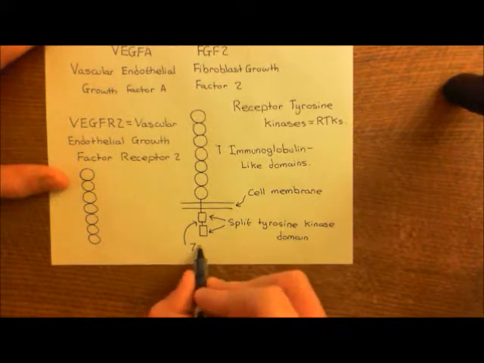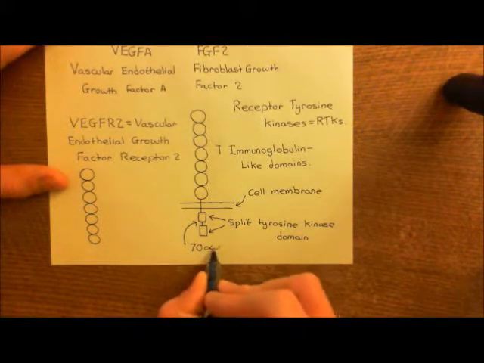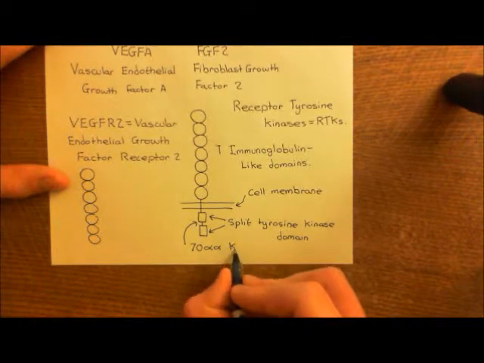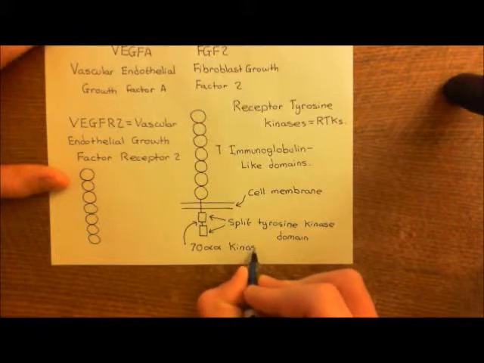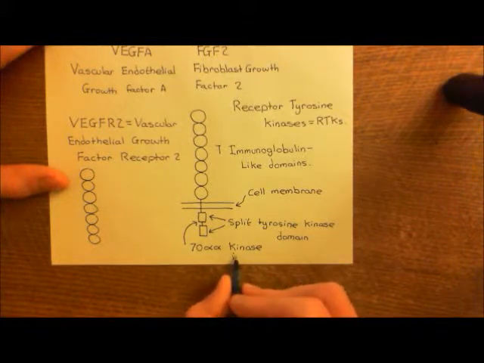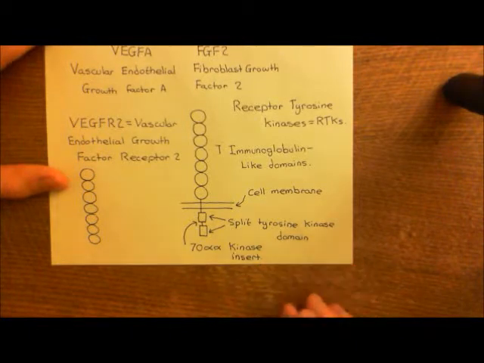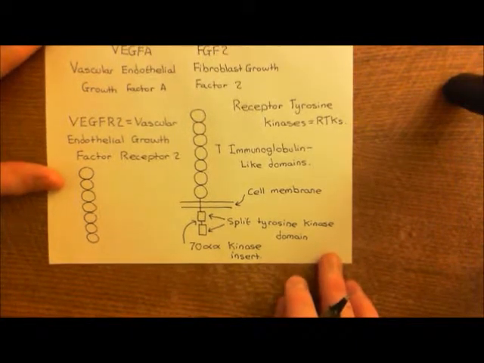So this is 70, and then people put alpha alpha to mean amino acid, and it's known as the kinase insert because it's inserted between the 2 halves of this split tyrosine kinase domain. So it's the 70 amino acid kinase insert.